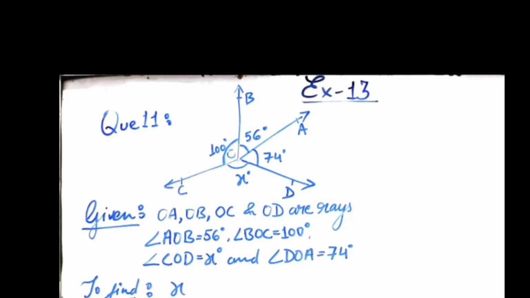Now we know that the sum of all the angles, means angle AOB plus angle BOC plus angle COD plus angle DOA, the sum of all four is equal to 360 degrees.